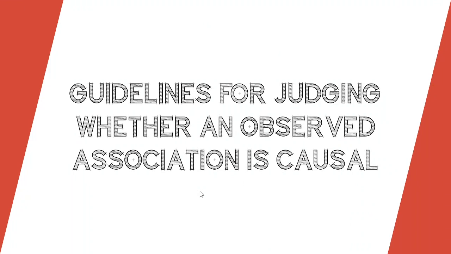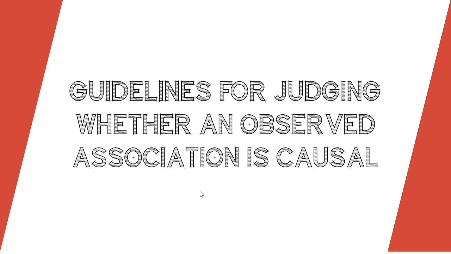So now we go to the guidelines for judging whether an observed association is causal. Of course, the first question is, if we observe an association, then we need to know if the relationship of the observed association is causal.